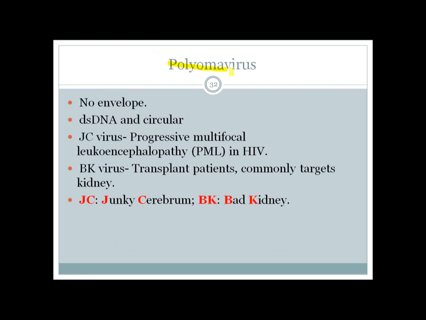Now you have the third P, which is Polyomavirus, and same, it doesn't have an envelope because it's part of the PAP. It also has a circular genome like the Adenovirus and other viruses. This is very important to know. The two important viruses in the Polyomavirus group are JC virus and BK virus.